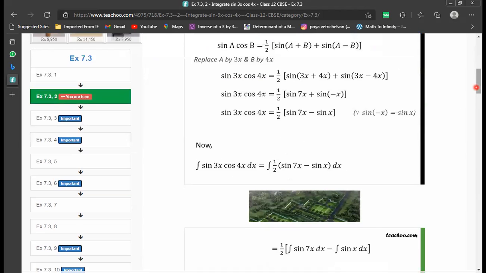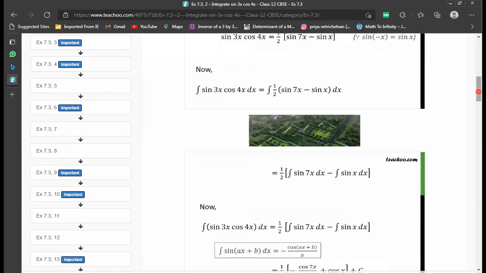Yes, ma'am. So now we converted the product of the terms into the sum of the terms, so that by using the distributive rule, you can apply the integration to both the terms individually. So integration of sine 7x.